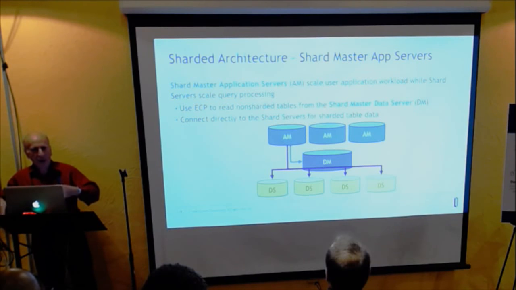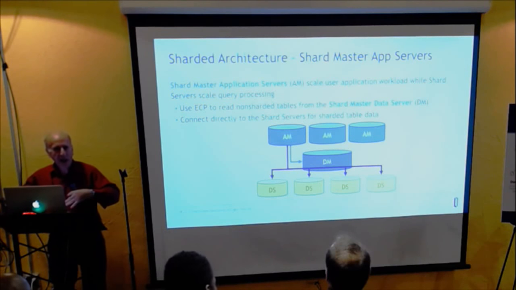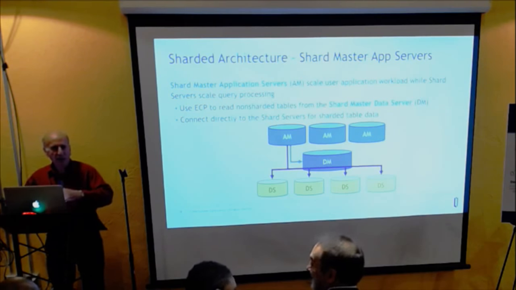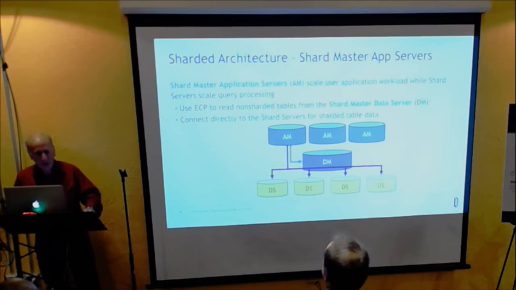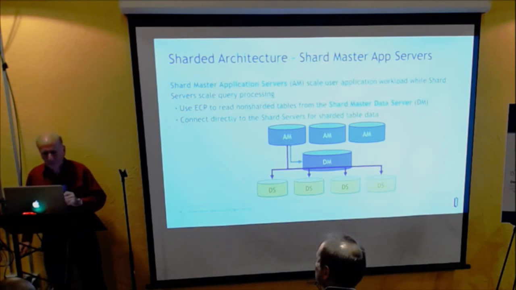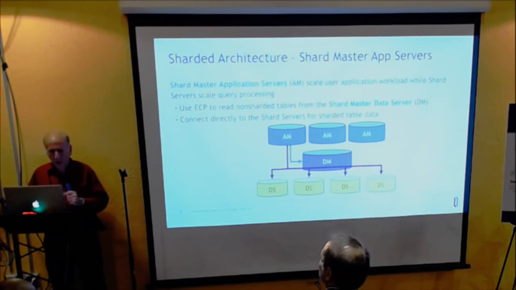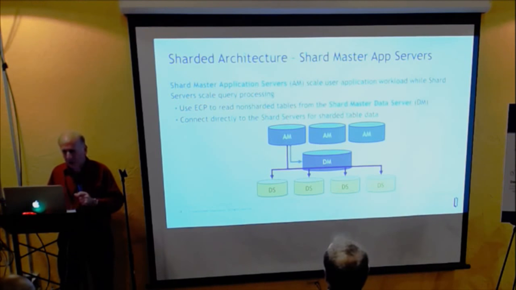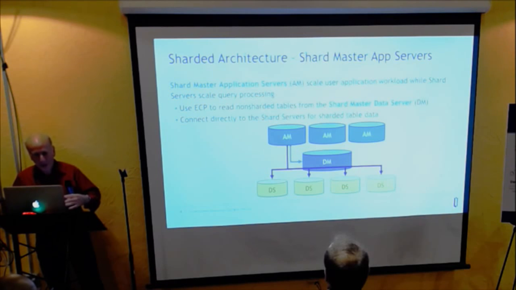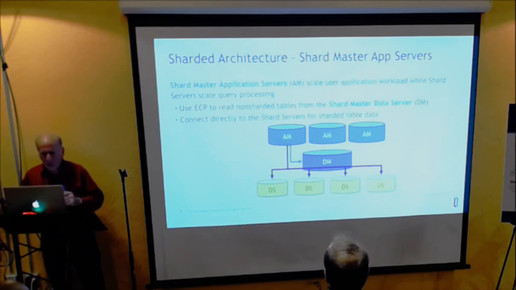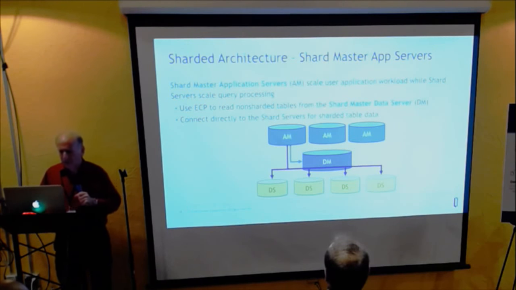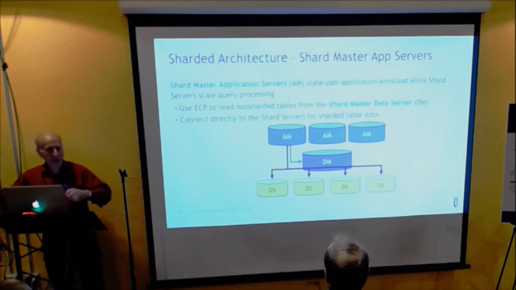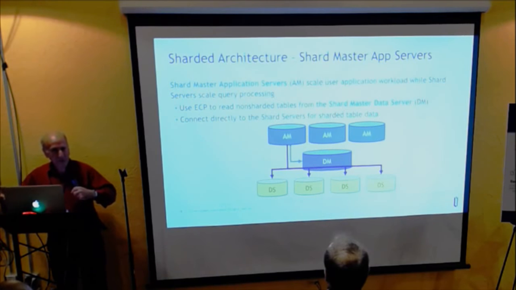Now, there are a couple additional roles in more complicated configurations that you can do with sharding. First of all, what we call shard master application servers. As I said several slides back, you can combine scaling users with scaling data. So shard master application servers are simply your regular ECP application servers, but pointed at a shard master that has shards behind it.